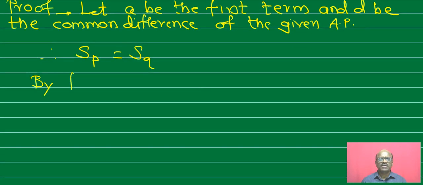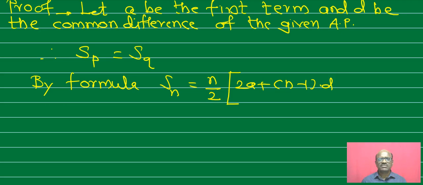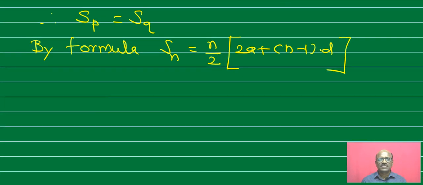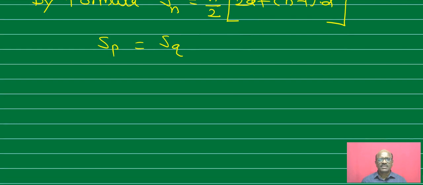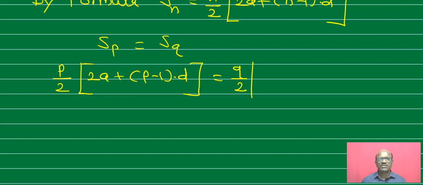Substitute the value by the formula. Sn is equal to n upon 2 in bracket 2a plus n minus 1 into d. Therefore, Sp is equal to Sq, that is p upon 2 in bracket 2a plus p minus 1 into d is equal to q upon 2 in bracket 2a plus q minus 1 into d.